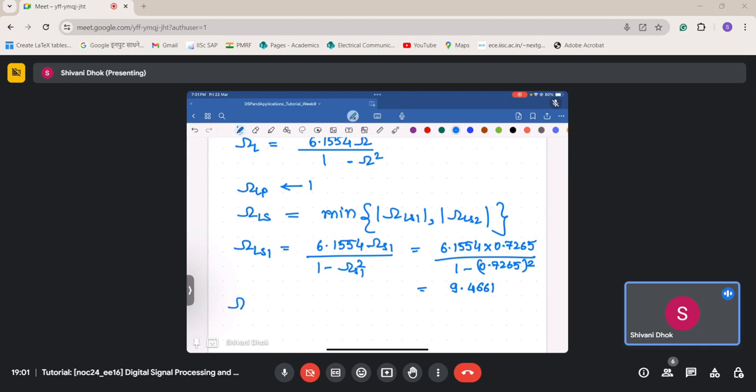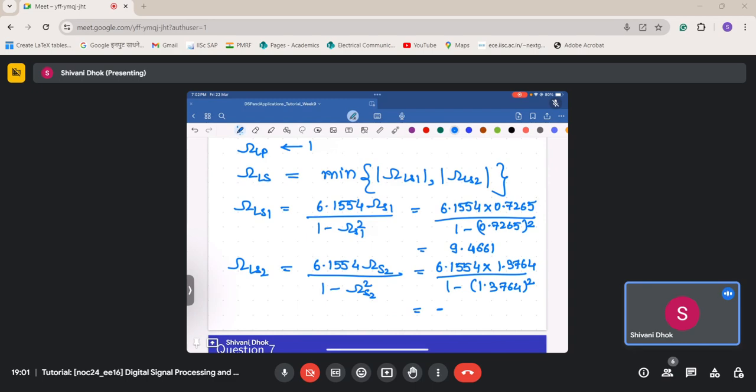Similarly we have omega LS2, which is 6.1554 into omega S2 upon 1 minus omega S2 square, and this comes out to be 6.1554 multiplied by 1.3764 divided by 1 minus 1.3764 square, which is equal to minus 9.4740.